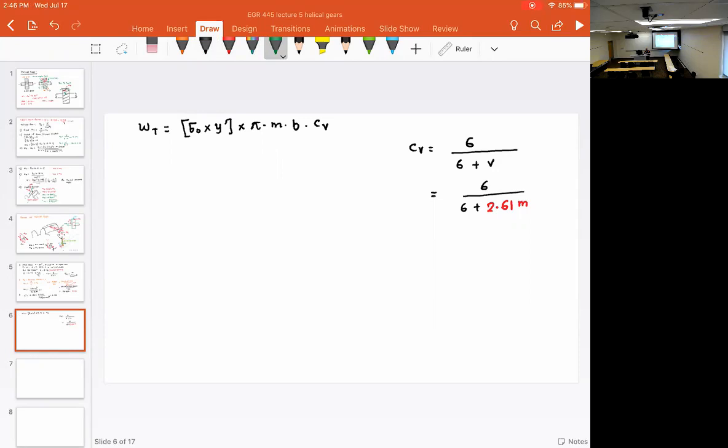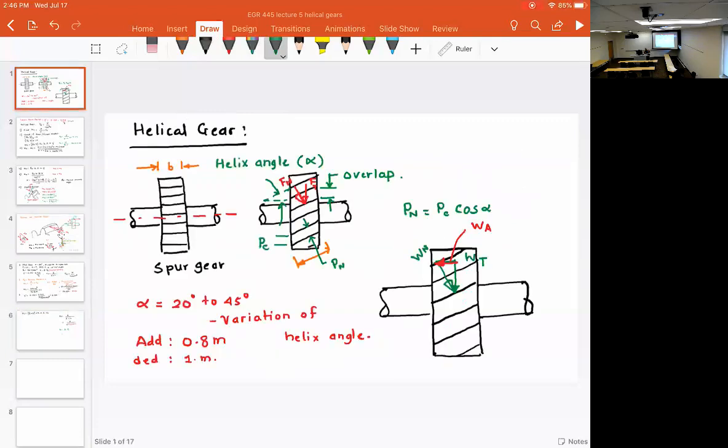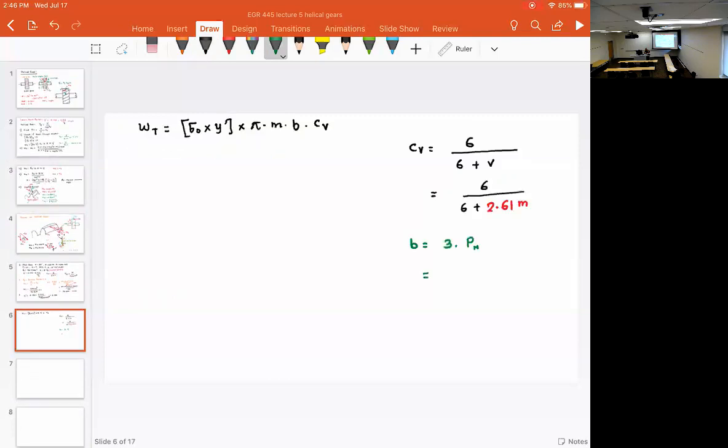Now b is equal to 3 times the normal pitch Pn, and normal pitch, as we know, I gave you the equation for normal pitch. Normal pitch is Pc, which is the circular pitch, multiplied by cosine alpha.